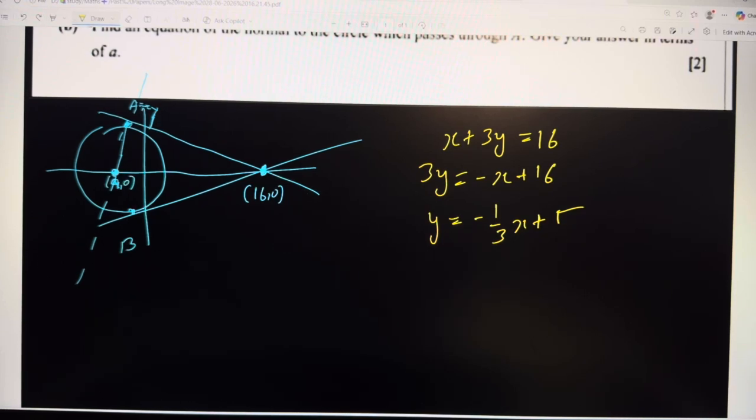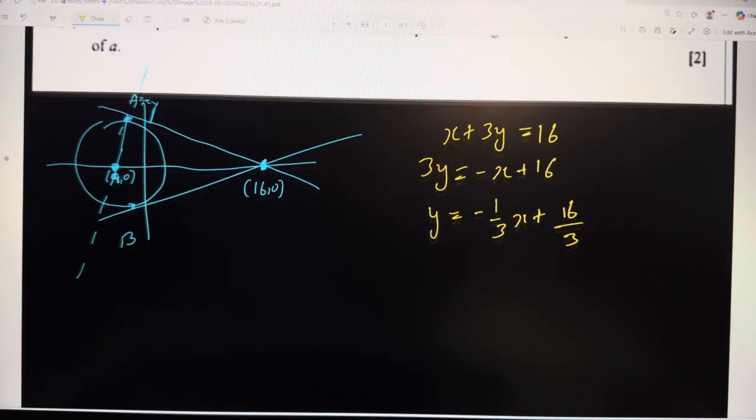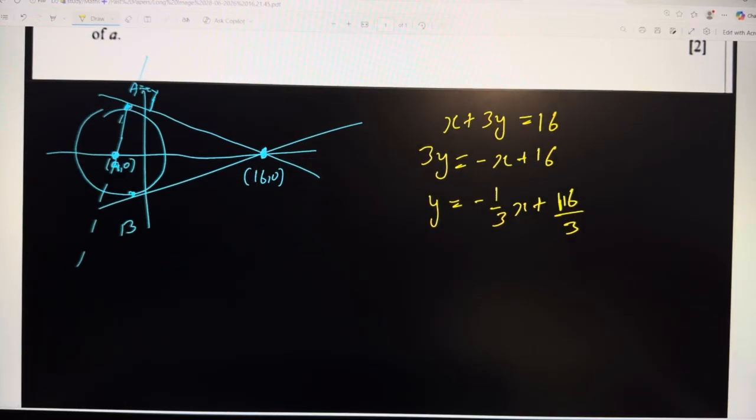We can just erase this part. So this becomes what? 16 upon 3. Okay, so this is the equation now, and the gradient is minus 1 upon 3, so we can change that. This becomes, the gradient of the normal is 3.